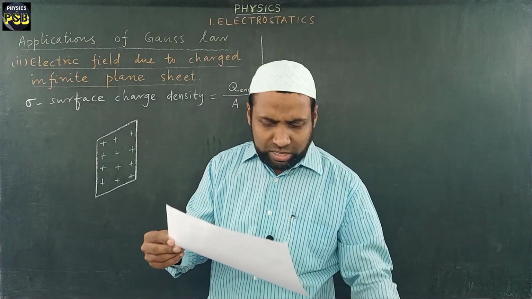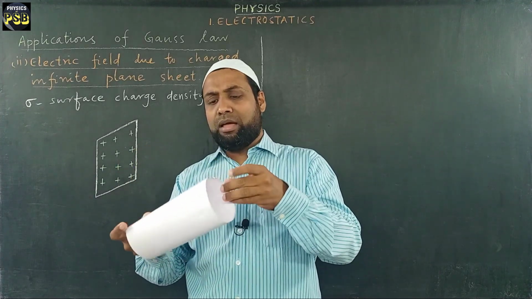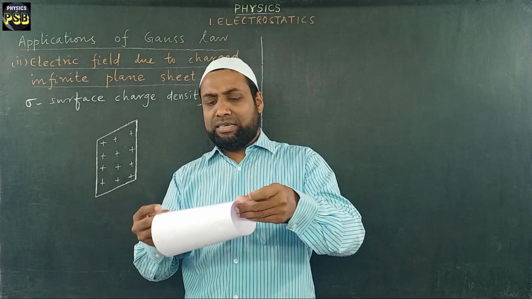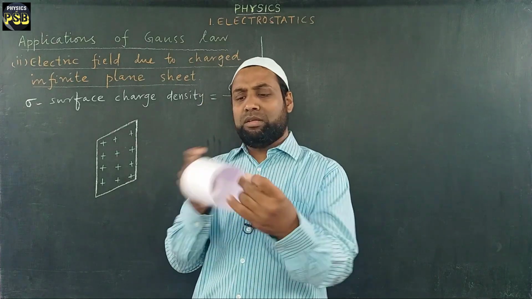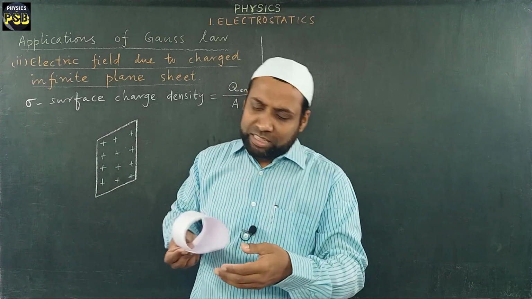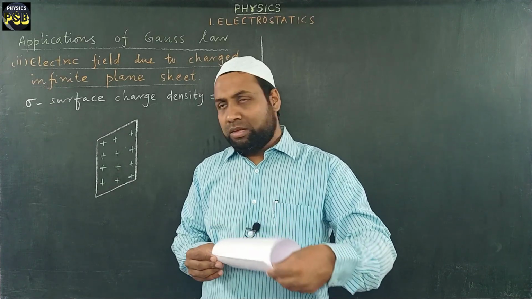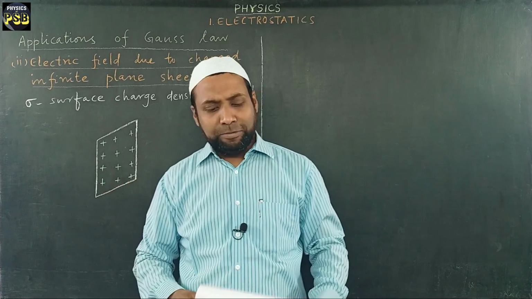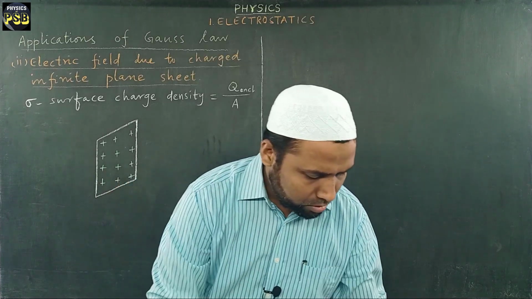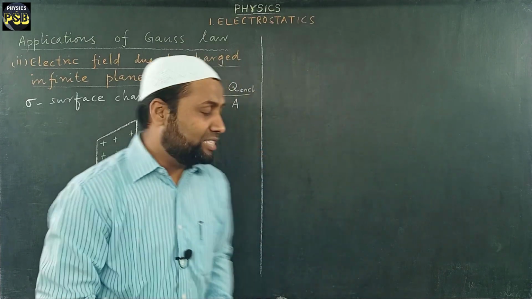From this sheet, the closed surface can be obtained by turning this into a shape of this kind. The shape that I have obtained is nothing but a cylinder. So I take a Gaussian surface in the form of a cylinder.